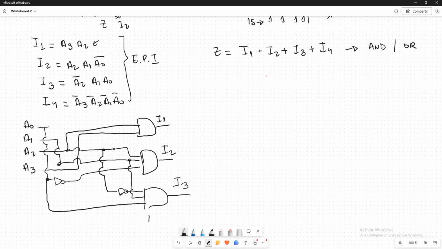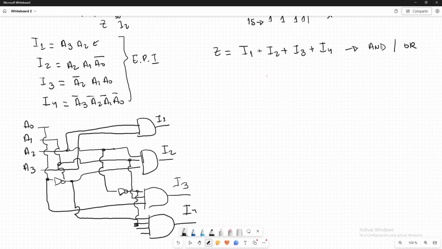And finally we have implicant 4, that is an AND gate of 4 inputs and is A3 negated, A2 negated, that I'm going to take from here, for example, A1 negated.